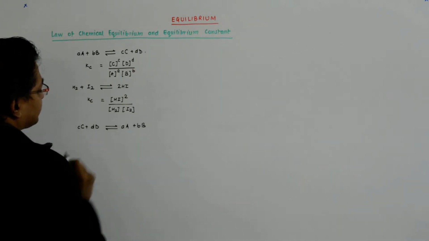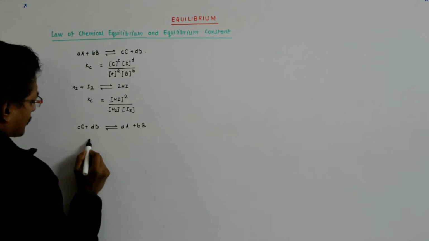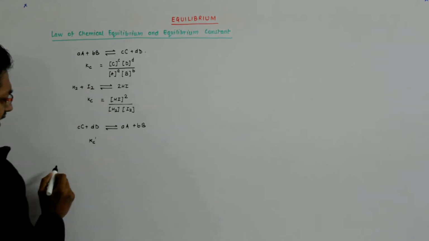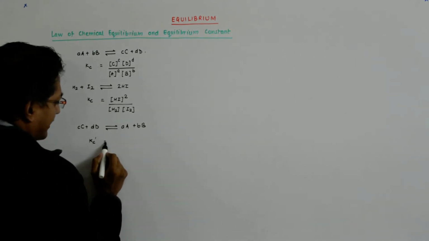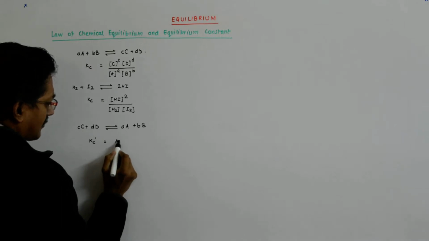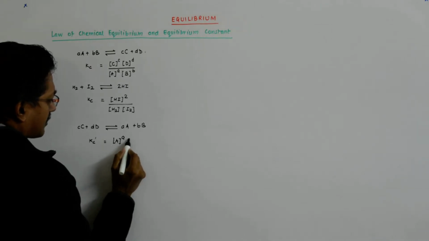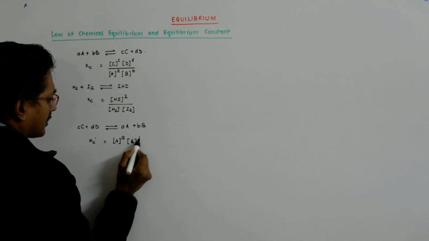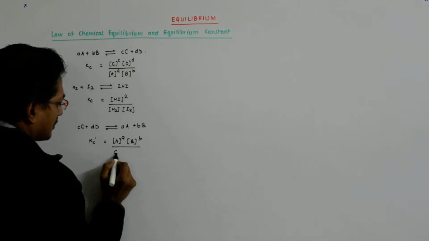So this is quite simple. Say if I call it Kc dash, then that is equal to this, by the definition of equilibrium constant.